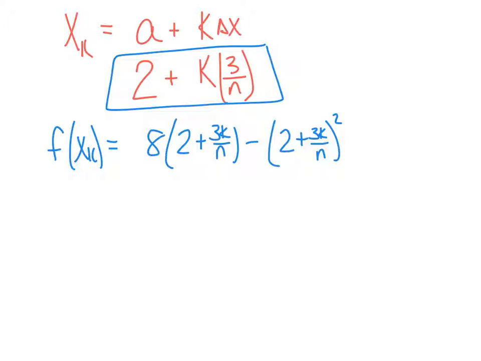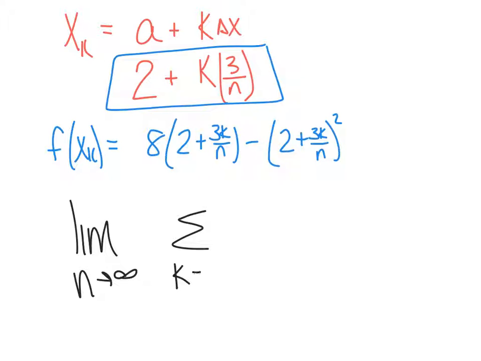Now again, if this is multiple choice, I'm just going to start looking for the right answer. I may need to clean it up more, I may not. So I am going to write this out as the limit as n approaches infinity, summation from k equals 1 to n.